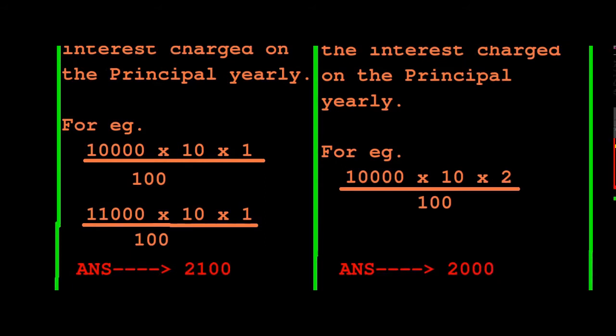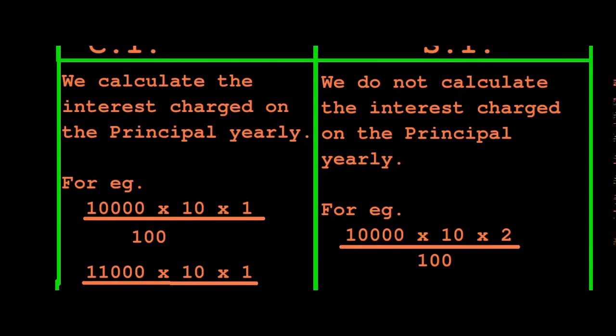For example, 10,000 is the principal, rate is 10%, and time is 2 years. So in simple interest, we don't calculate the interest charged on the principal yearly.